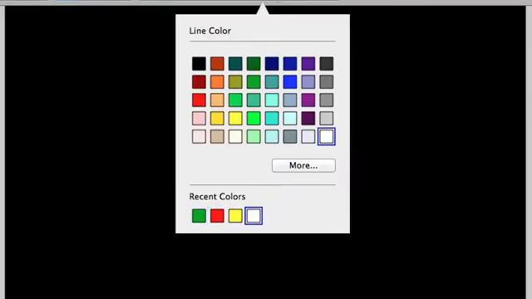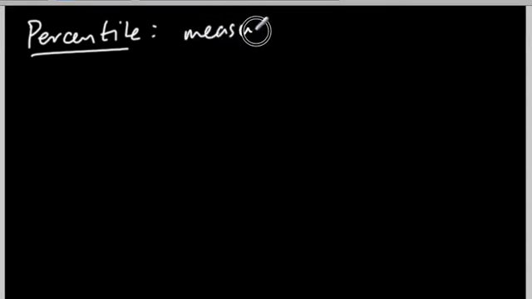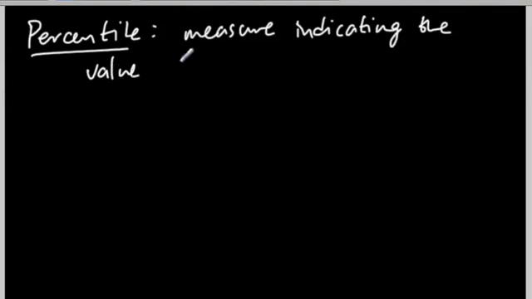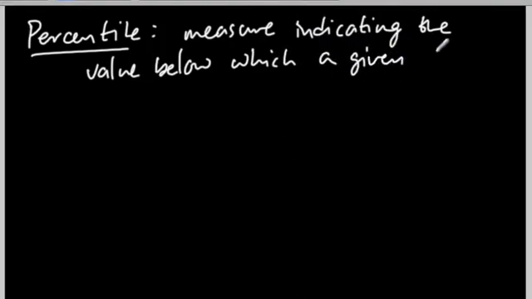So, first of all, let me just write down percentile and let me define it so you know what I'm talking about. What a percentile is, it's a measure indicating the value below which a given percentage of observations fall.